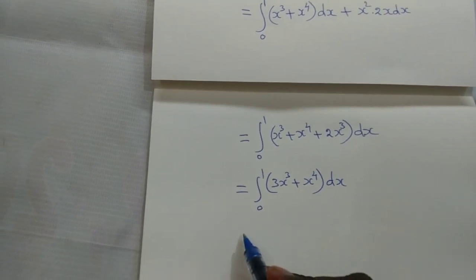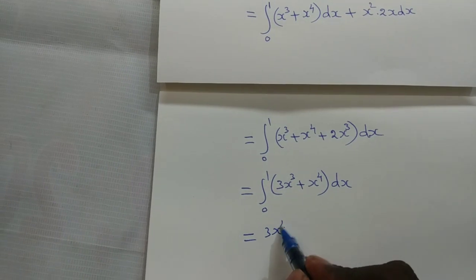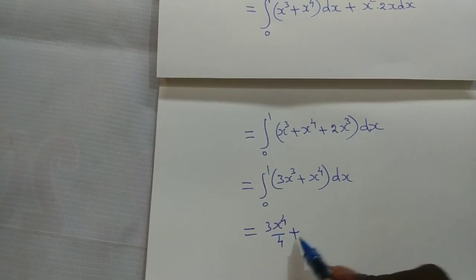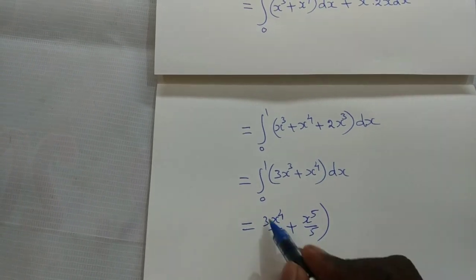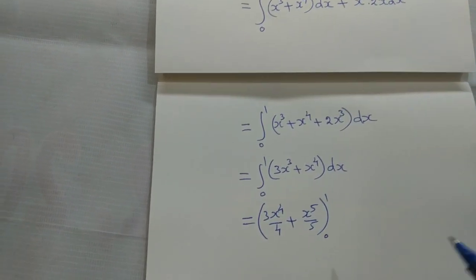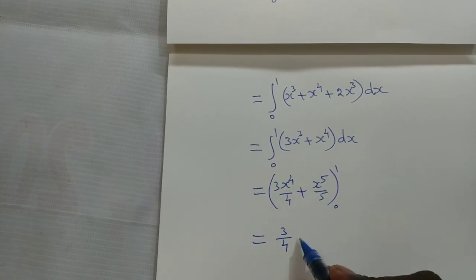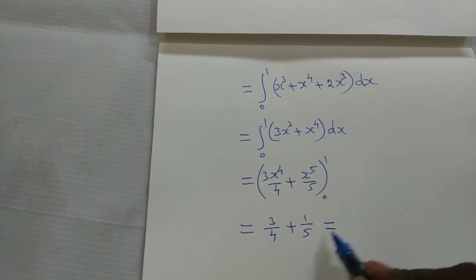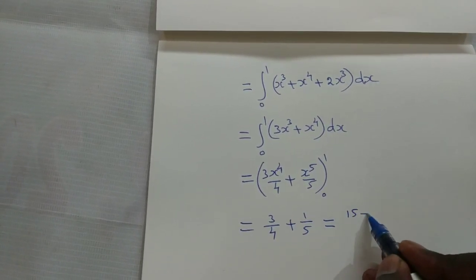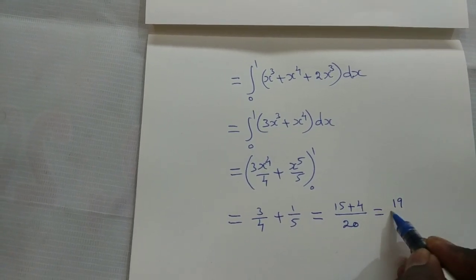Now I can integrate. The integral of 3x cubed is 3x to the power 4 by 4, plus x to the power 4 integrates to x to the power 5 by 5, with limits 0 to 1. So substituting the limits, the upper limit gives 3 by 4 plus 1 by 5, and the lower limit 0 we can leave. So 5 threes are 15 plus 4 by 20, so it is 19 by 20.